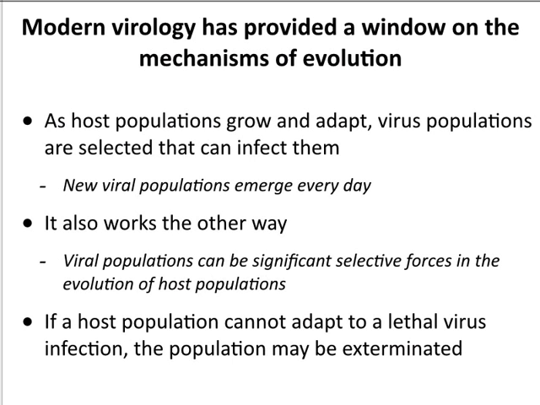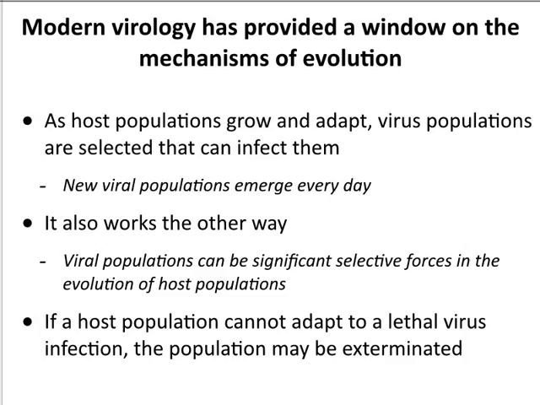And so, as I said earlier, virology has provided incredible insight into how organisms evolve. And much of our evolutionary theory has been changed because of what we've learned from viruses. So, for example, viruses, of course, need hosts. They're obligate intracellular parasites. As host populations grow, different organisms and so forth, virus populations get selected that can infect them. Viruses change hosts often and infect new hosts.